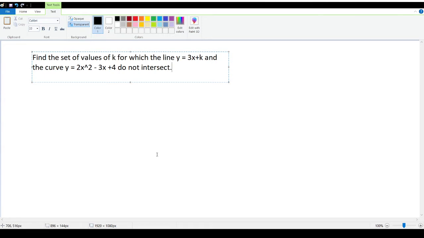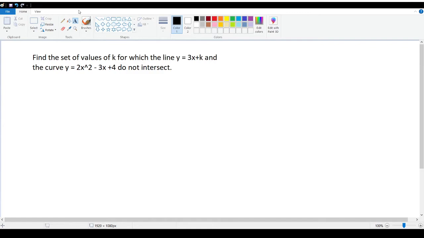So how are we going to do the question? We're going to use the quadratic discriminant. So let's just write down these. y equals 3x plus k, and y equals 2x squared minus 3x plus 4.